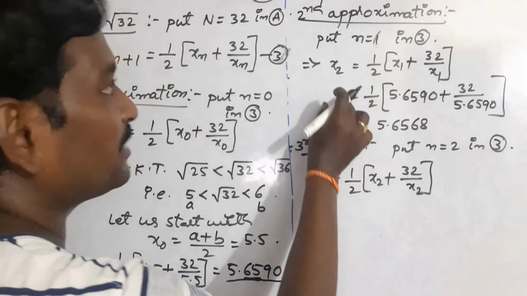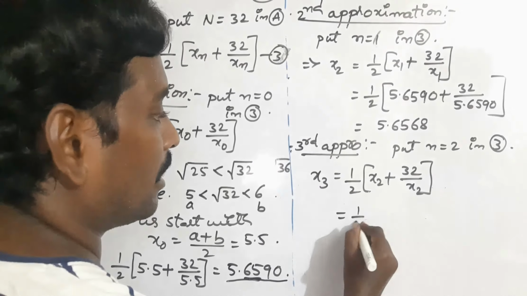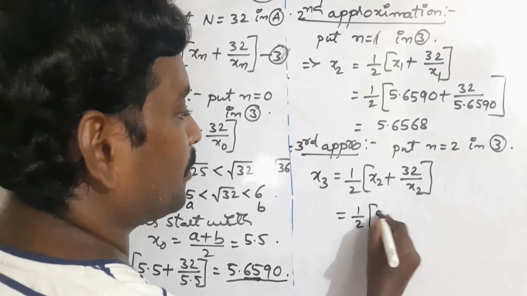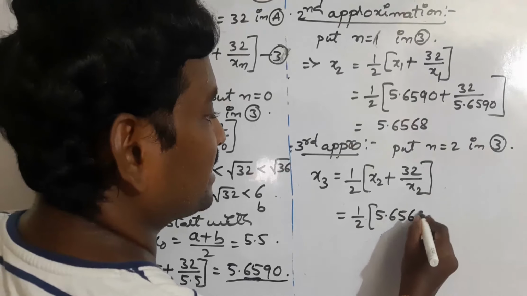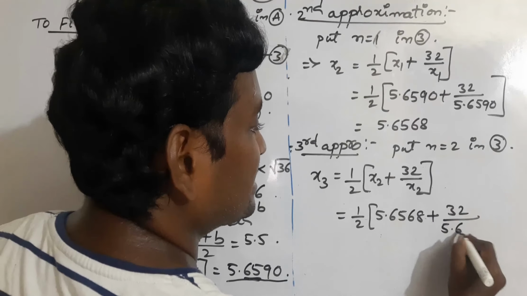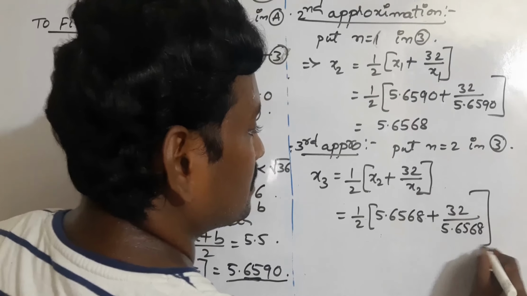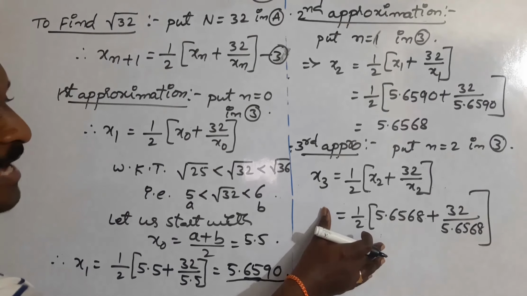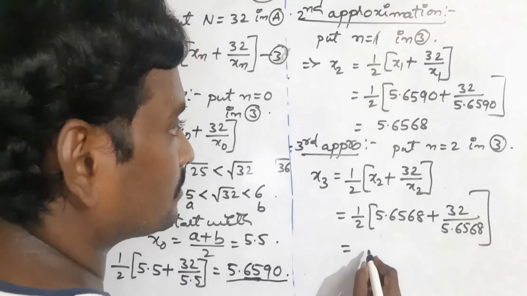We got x 2 in the previous approximation, which is half into 5.6568 plus 32 by 5.6568.